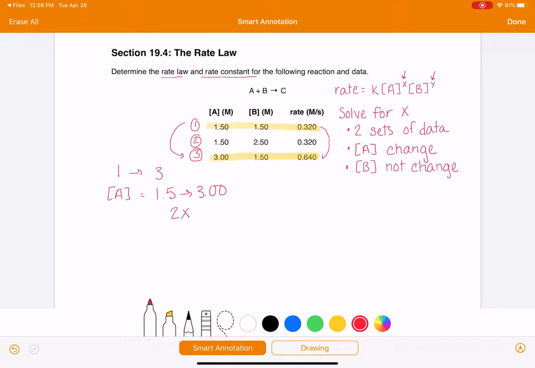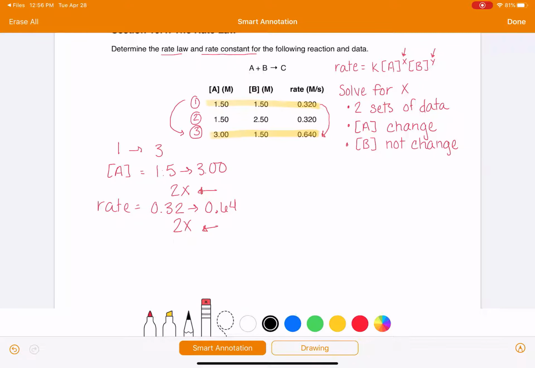And when we look at our rates for those same reactions, the rate goes from 0.32 to 0.64. So the rate also doubles. When you double the concentration and it also doubles the rate, that's a direct relationship. That means the exponent for A is 1. We know that's a first order reaction, so we've got one of them figured out.